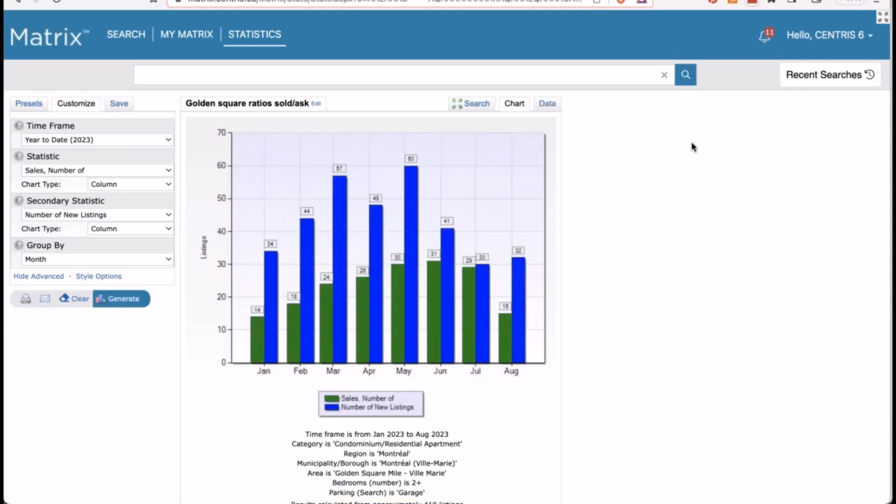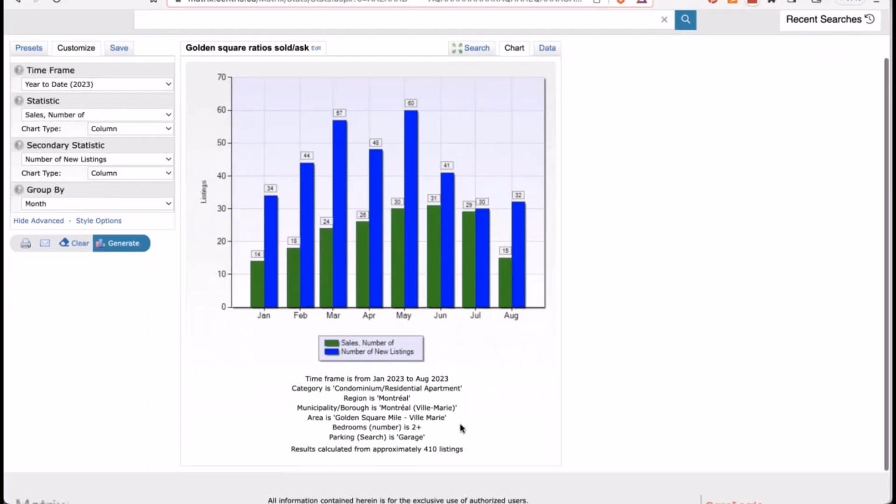Okay, so we have here number of sales in green. So that's the answer to your question, Bonnie. So we had 14 in January, then 18, 24, 26. So sales have been going up until June, slowing down a little bit since July.